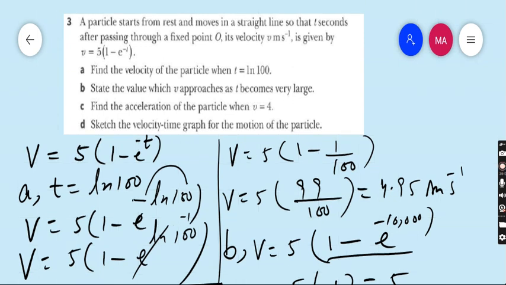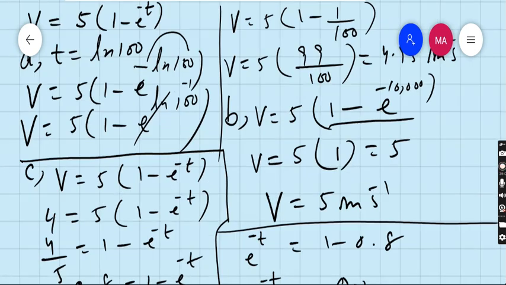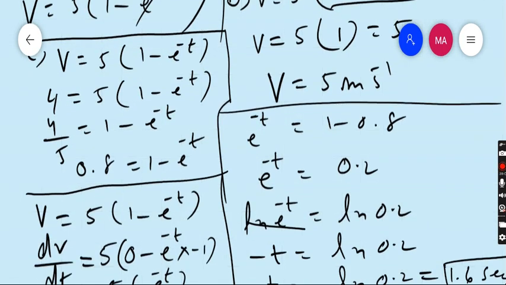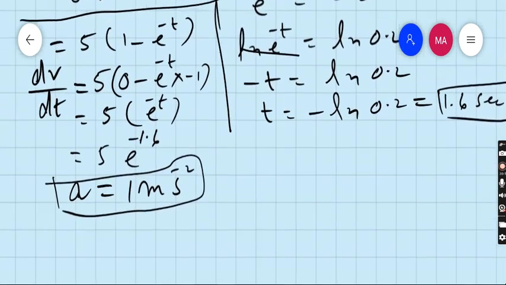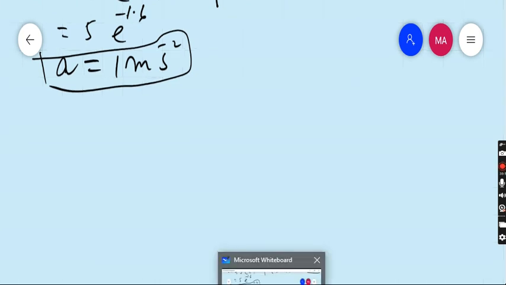Part D. Sketch the velocity time graph for the motion of the particle. Very easy. First we have to draw x and y axis.